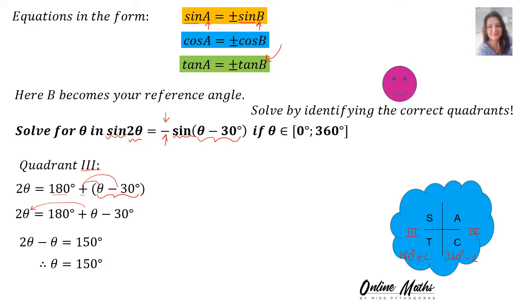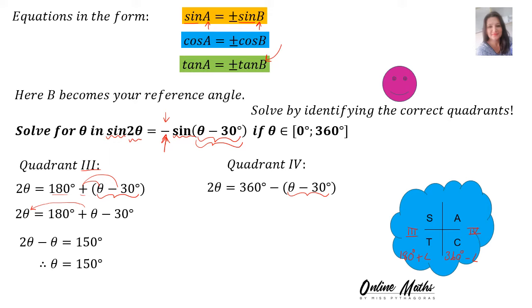And then also there's another quadrant where sin is negative, and that is the fourth quadrant. You write on the left 2 theta equals, and in the fourth quadrant, the rule is 360 degrees minus reference angle. Remember, I said that one becomes your reference angle.